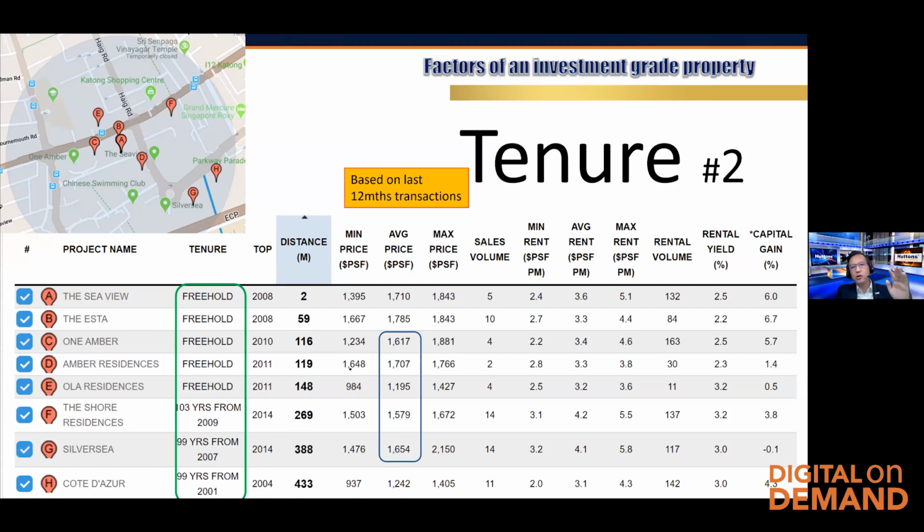Don't worry about it, because at the end of the day, the prices that you sell at will be quite similar in the open market if it is in the same locality. Now, having said that, what about freehold? When it comes to freehold, there's some strength in the freehold. There's some positive thing about freehold.